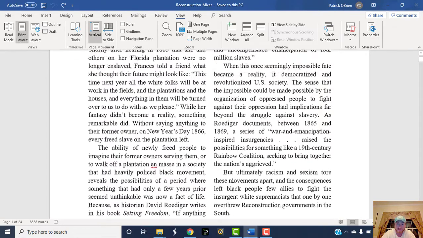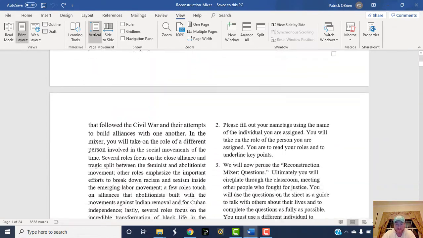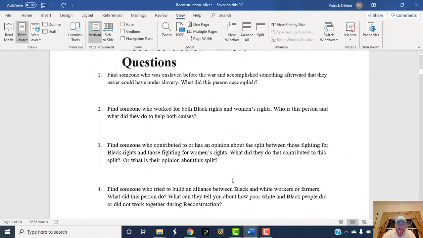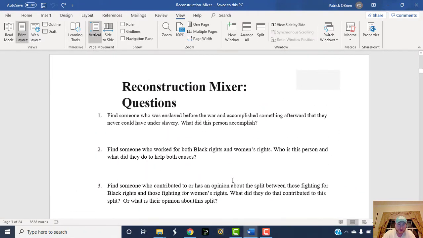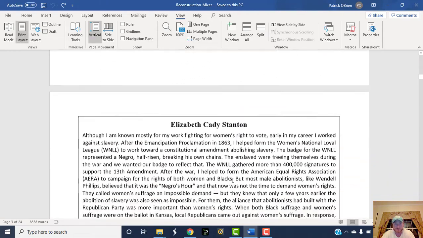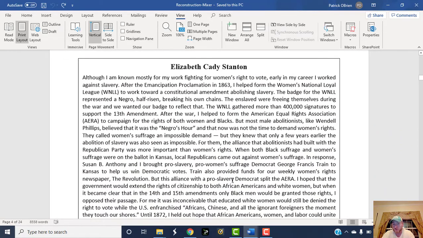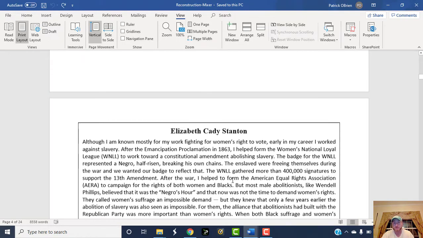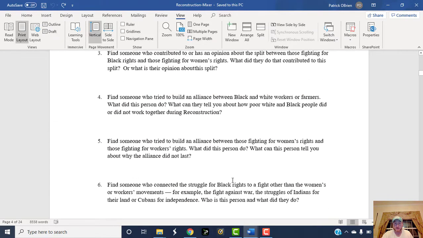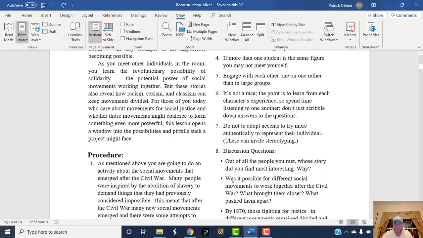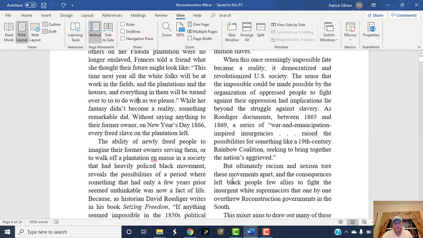But I'll read the introduction here. I'll read the directions. I'll point out the different interview questions you'll have for each other, and the descriptions of the different historical figures who were all real human beings. And I will point out on Google Forms or Google Classroom exactly what you will be doing. All right, so let's get to it.